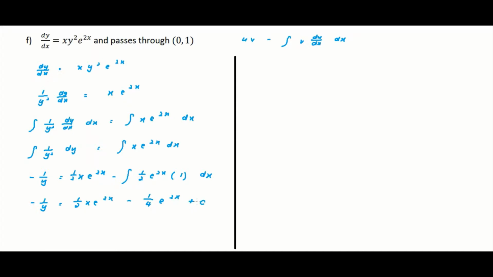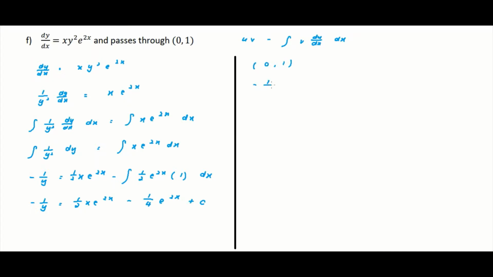Now we can try to do the substitution. It all depends on you whether you want to change it now or not. If you want to change it to y over here also can, like what we did in e. It depends on you whether you want to arrange first or substitute first, but the outcome will be exactly the same. Maybe for this case we try to substitute first.